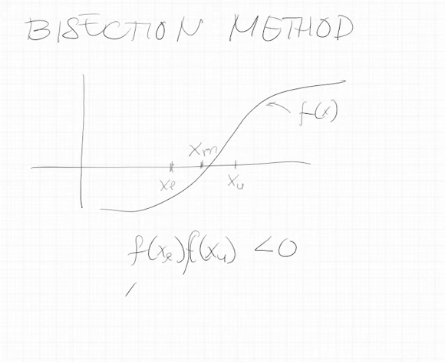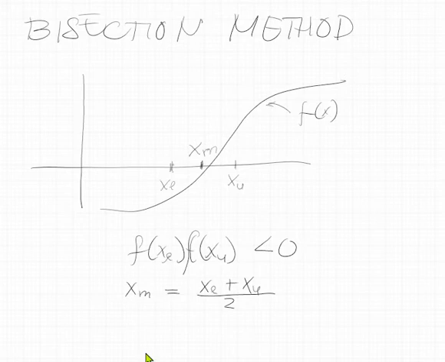First we solve for xm. xm will be equal to the mean value, xl plus xu divided by 2. That's why it's called bisection. We need to bisect the intervals until we meet certain criteria, or if we are lucky, we get the exact value of the root. Then this will be our new xm.